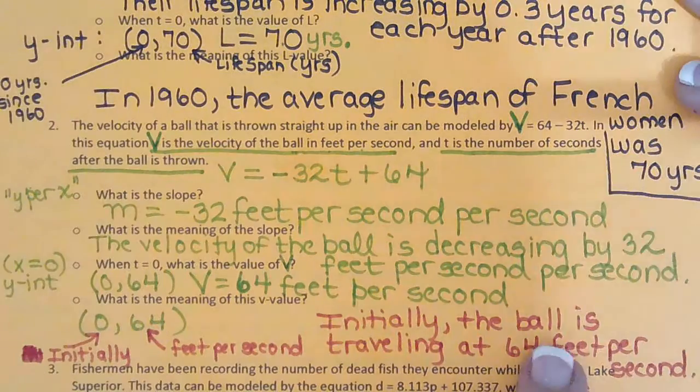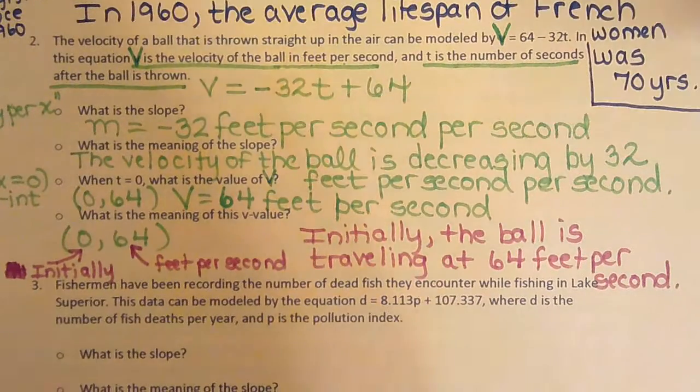Or you could say the ball's velocity is 64 feet per second. So anything like that. At the beginning, the ball's velocity is 64 feet per second. Initially, the ball is traveling at 64 feet per second.